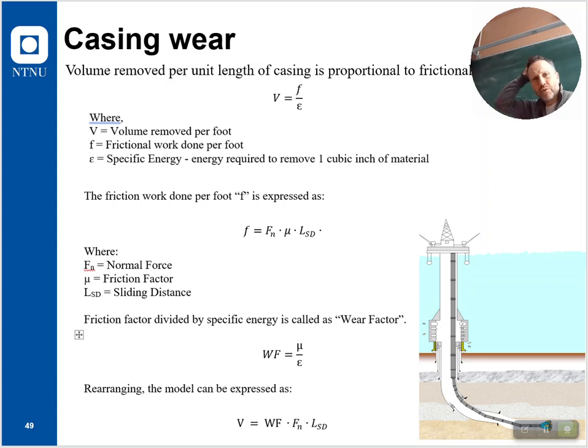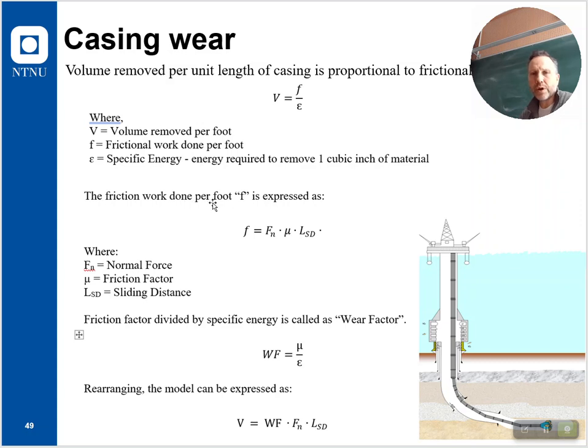The volume removed per unit length is proportional to the frictional work that is done, and the frictional work per foot divided by the specific energy required to remove 1 cubic inch of the material. That's the E, which is a standard, a specific number.